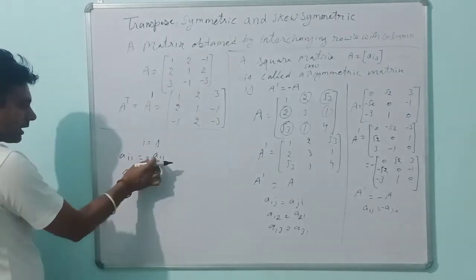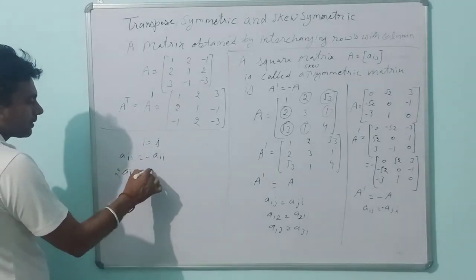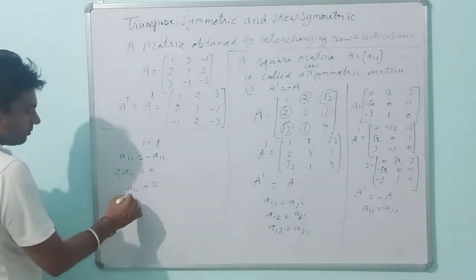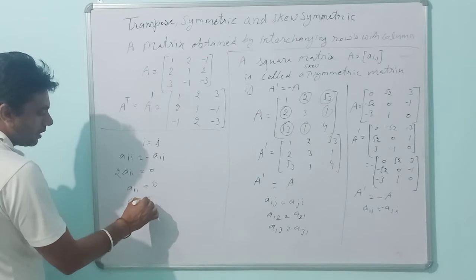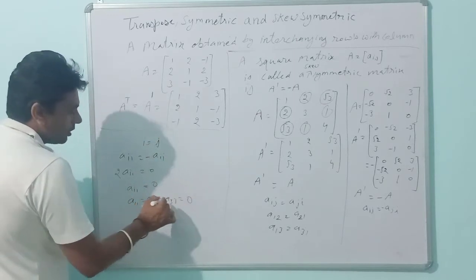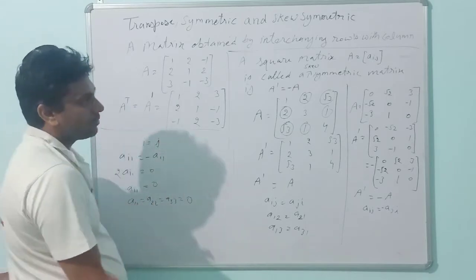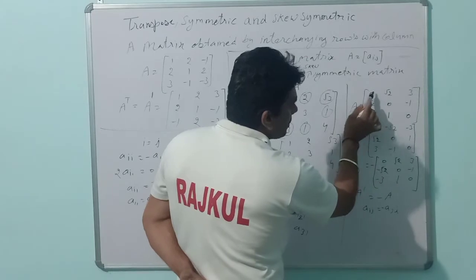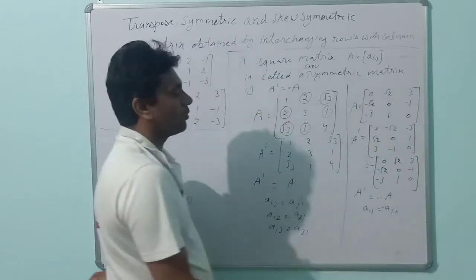Taking this to this, Aii plus Aii equals 0, or Aii equal to 0, meaning A11, A22, A33 equal to 0. Mean all diagonal elements are 0. That's why in this example I take all these diagonal elements 0.